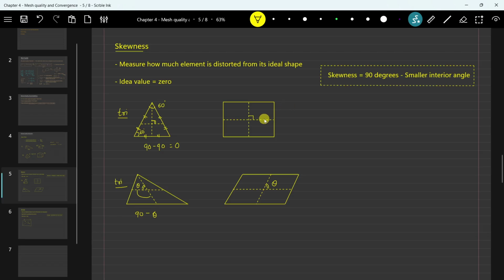In terms of skewness, the ideal shape is a rectangle or square, so the ideal value is 90 minus the smaller interior angle, which is 90, so this is 0. And this is a skewed quadrilateral element. The definition is simple: it's 90 minus the smaller interior angle, this theta.